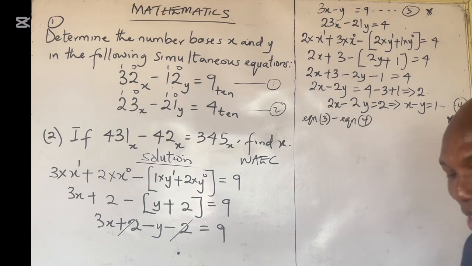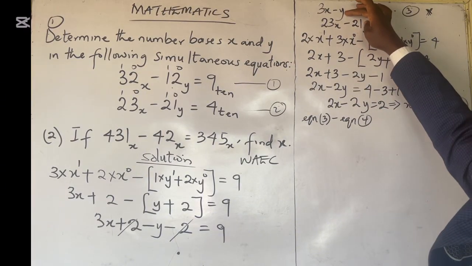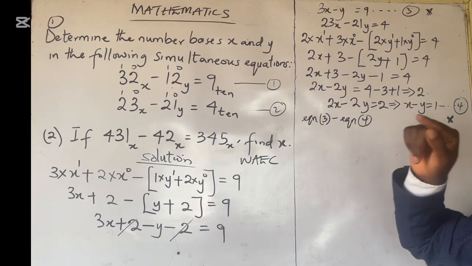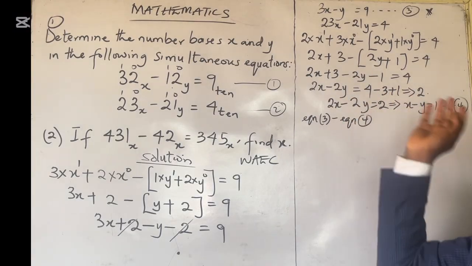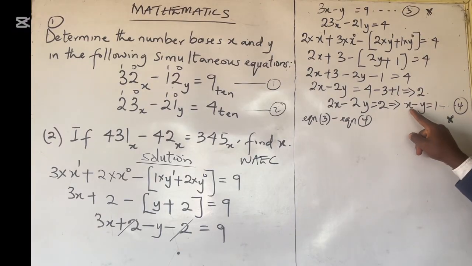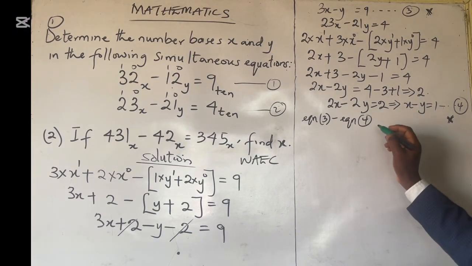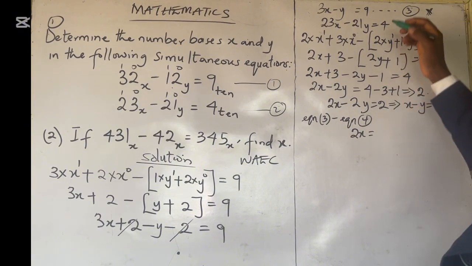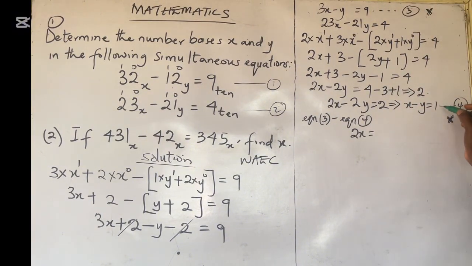The reason I'm subtracting is that there is minus y here and minus y here. If I say minus y minus minus y, that will eliminate the y, and you are left with 3x minus x. That will give you 2x equals 9 minus 1.